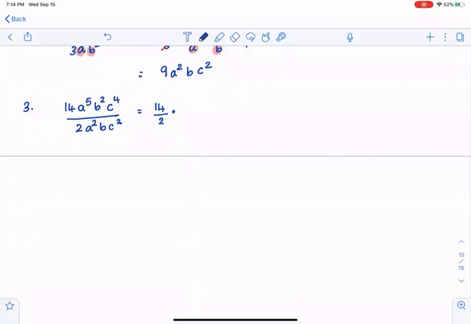If there are any plus signs, minus signs in the numerator or denominator, we can't simply split them and write them like we did in the previous problem and like I'm about to do now. So a raised 5 over a squared, b squared over b, c raised 4 over c squared.